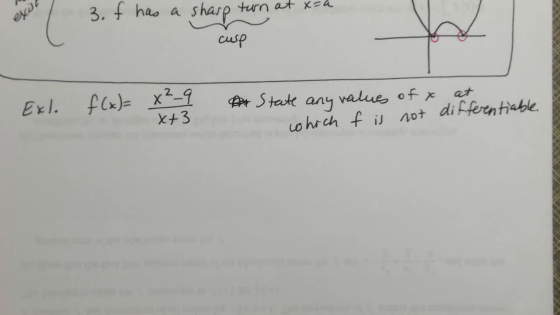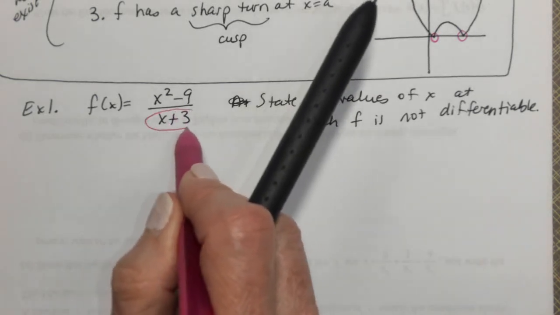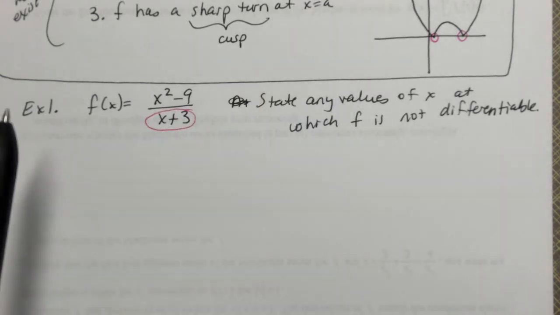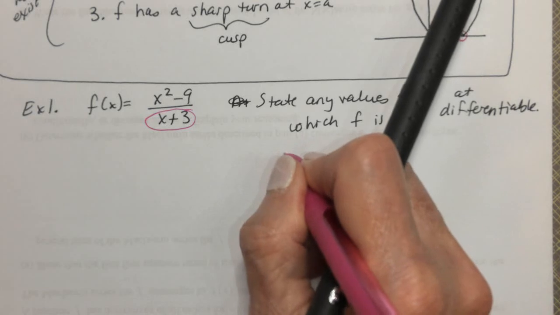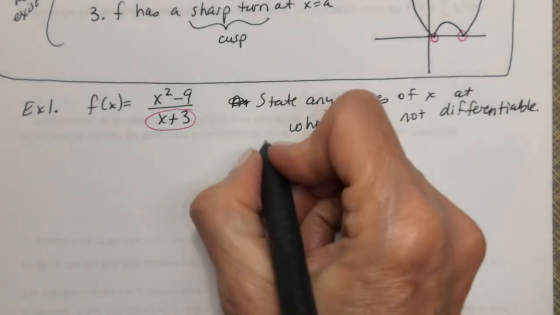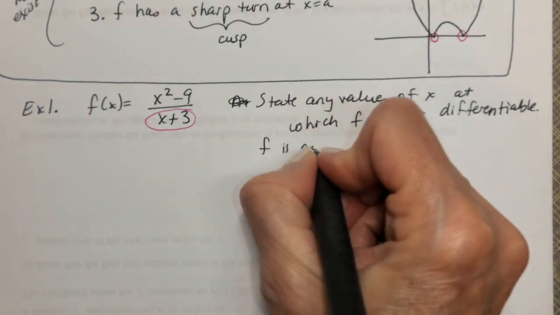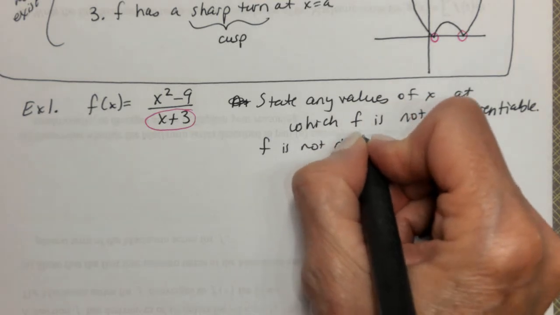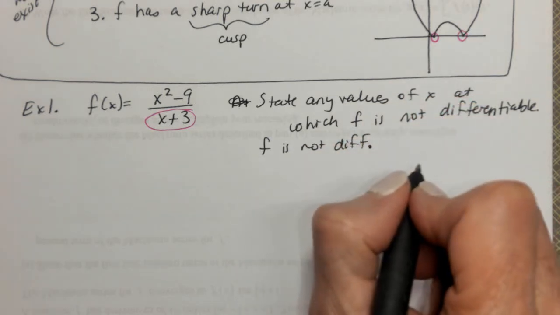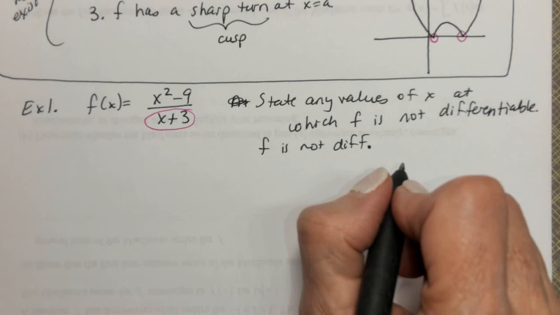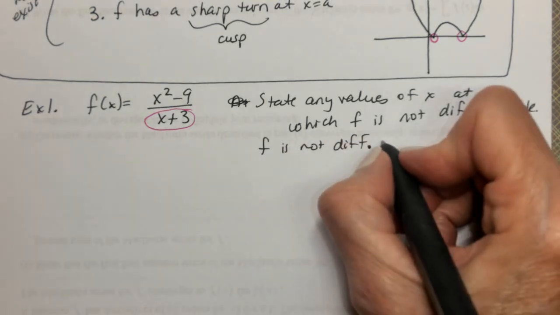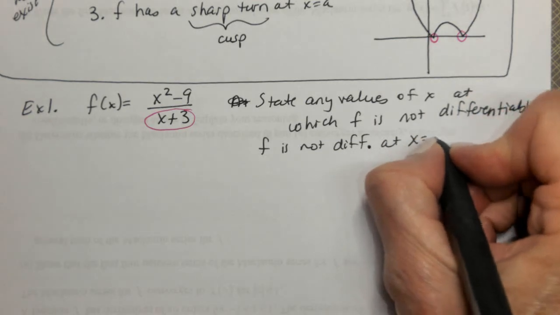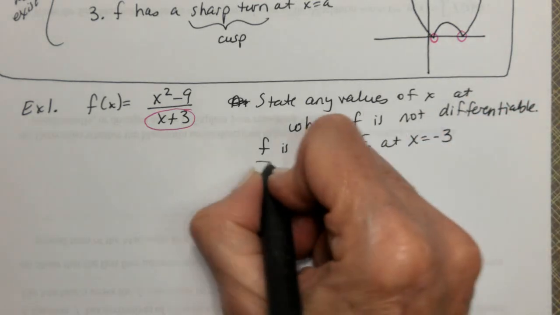Well, I see that there is a denominator, and I know that f would not be continuous when the denominator is 0. So I would say f is not differentiable, and we abbreviate differentiable with DIFF because it's a rather lengthy word to keep writing over and over again. f is not differentiable at x is equal to -3.